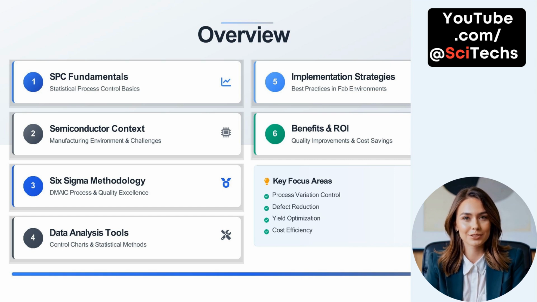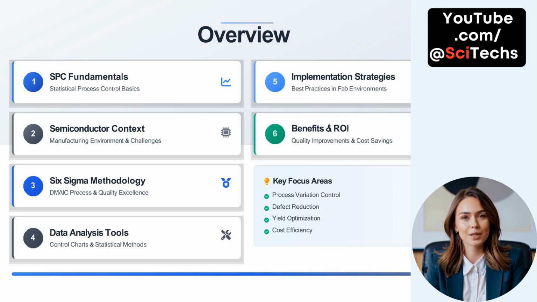Then, we move into the Six Sigma methodology, emphasizing the DMAIC framework: define, measure, analyze, improve, and control, as a proven path toward quality excellence. We will also examine key data analysis tools, including various statistical techniques and how they support decision-making.